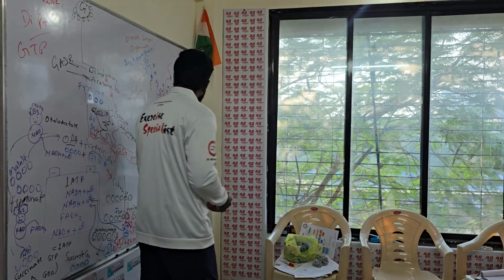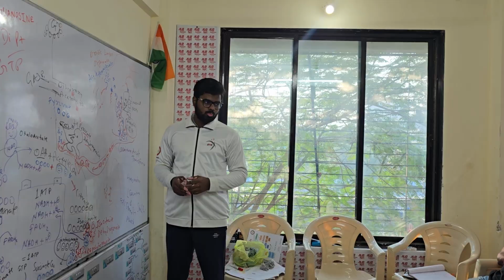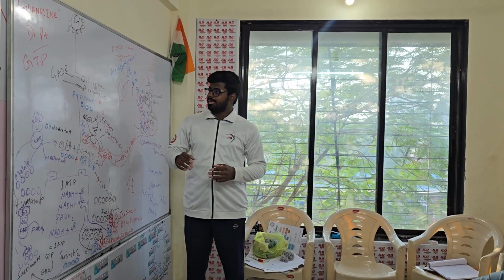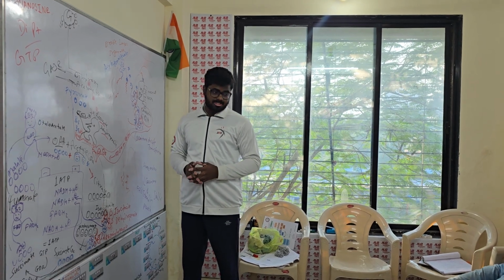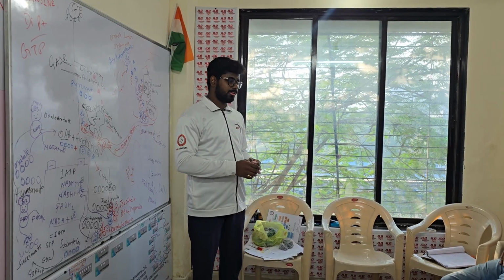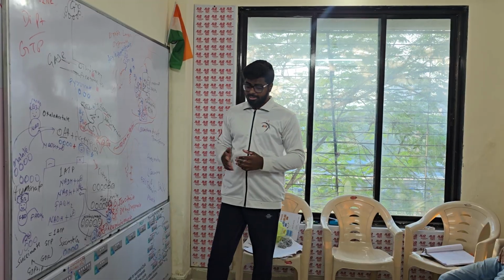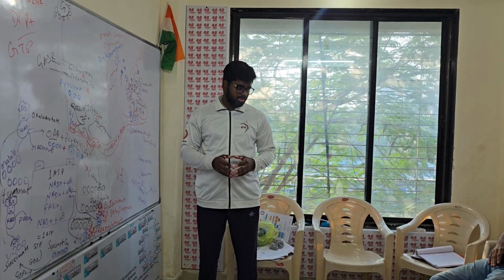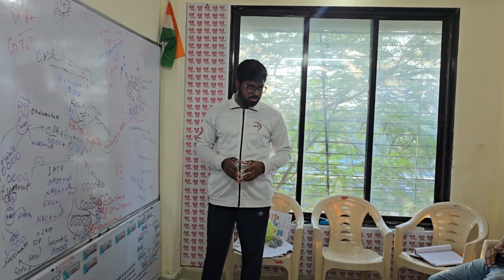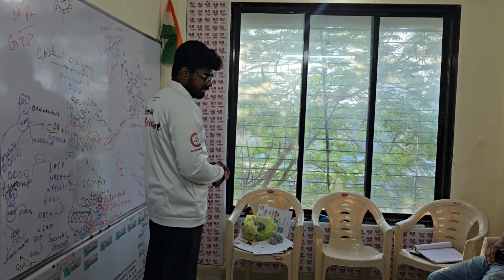So let's see. In the mitochondria, there is an enzyme which lets the fatty acids inside by marking them. It is known as acyl transferase. This enzyme is responsible for allowing the fatty acids inside the mitochondria. Once the fatty acids enter the inner layer of the mitochondria, there is an enzyme known as carnitine acyltransferase.